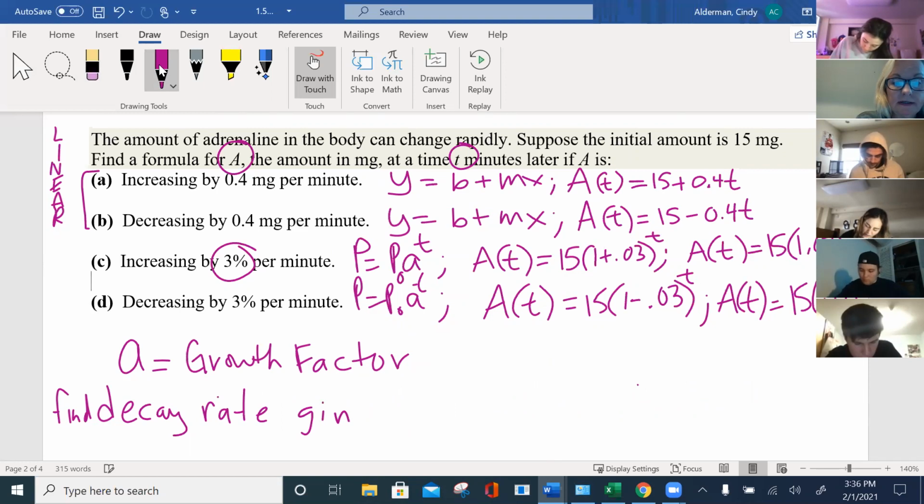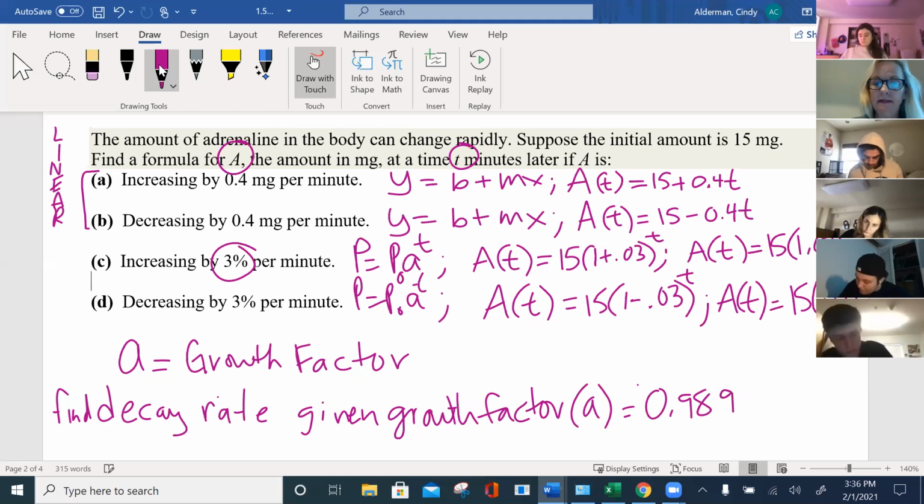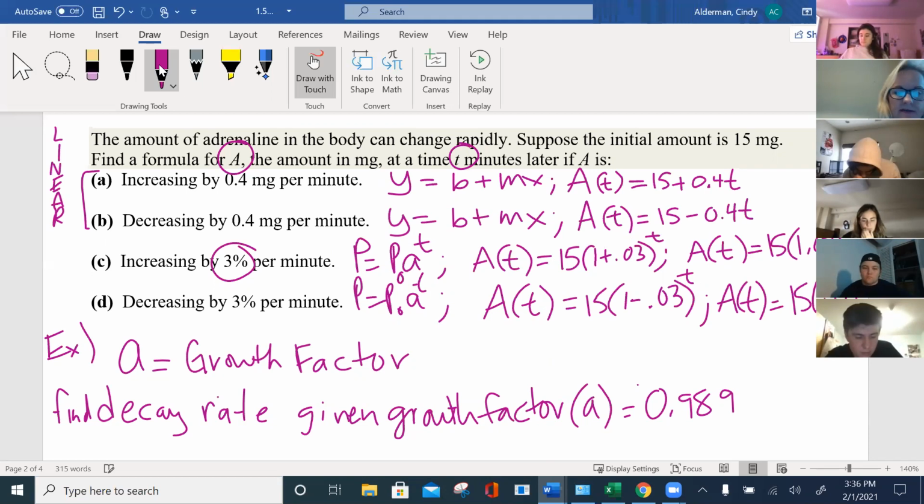Find decay rate given growth factor, which is the A, is equal to 0.989. So what you'd have to do is just take 1 and subtract 0.989.